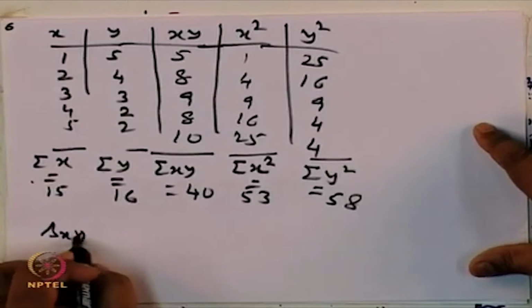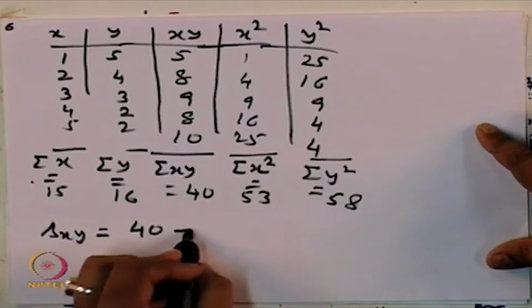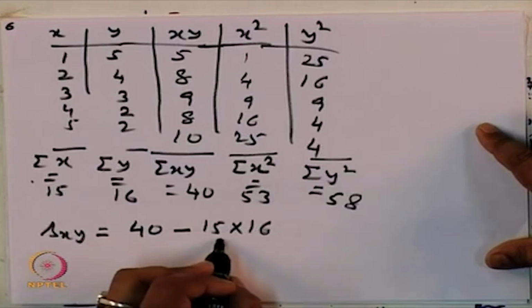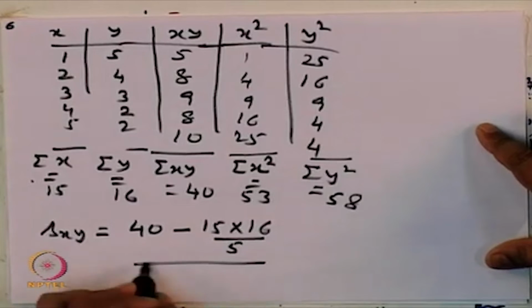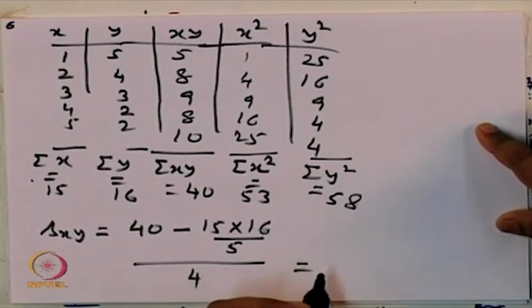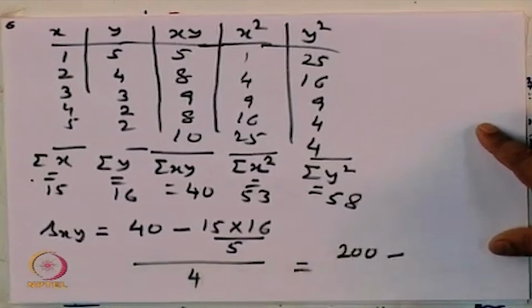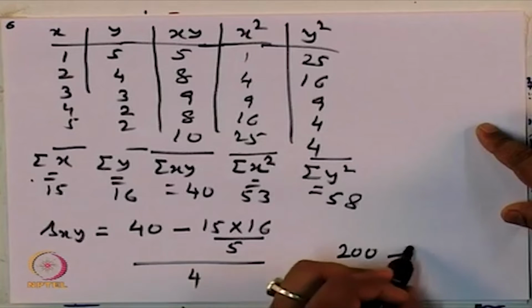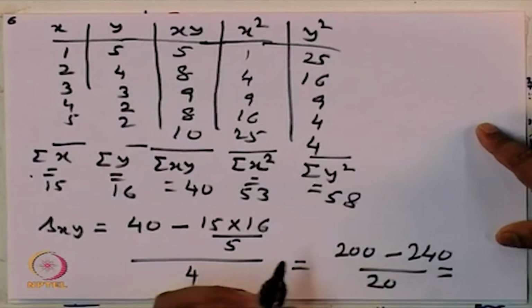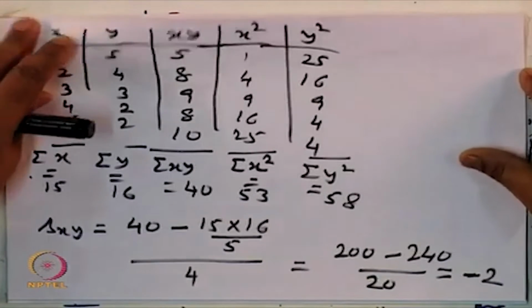So, my s x y is given by summation x y, which is equal to 40, minus summation x, which is 15, into summation y, 16, by n, which is 5, whole divided by 4. So, this I can simplify. 15 into 16 is 240, by 5, 48, 40 minus 48 is minus 8, divided by 4. So, s x y is giving me a value of minus 2.